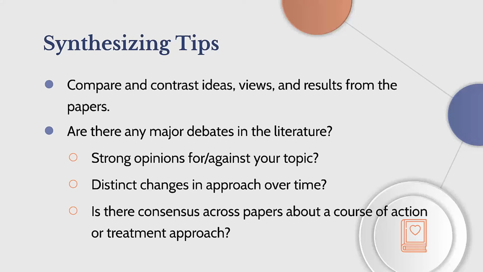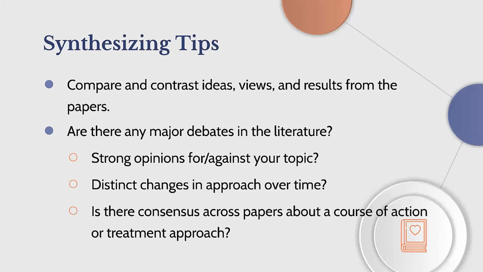You're going to want to highlight that and maybe note a couple of examples. Is there consensus across papers about a course of action or treatment approach? Talking about health sciences here, but yes, you're going to want to highlight these different things in the literature, really set the stage for your reader and for your own research.